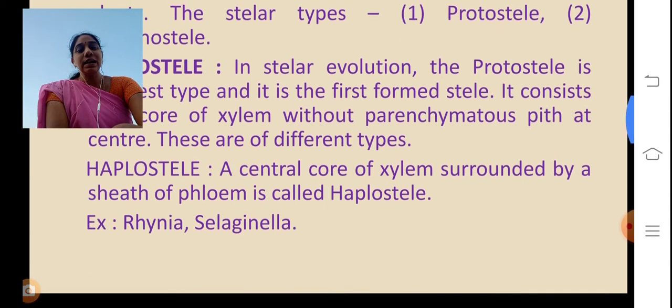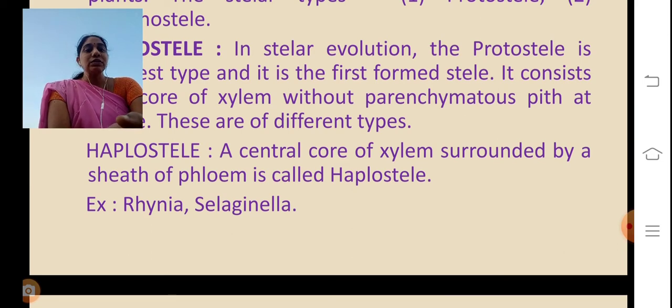First one is haplostele. A central core of xylem surrounded by a sheath of phloem is called haplostele. In haplostele, xylem is present at the center and it is surrounded by the phloem. So it is a protostele. That's why there is no pith at the center.